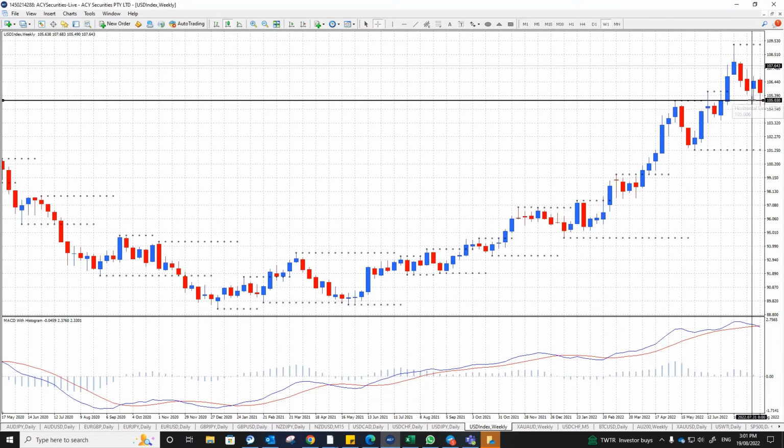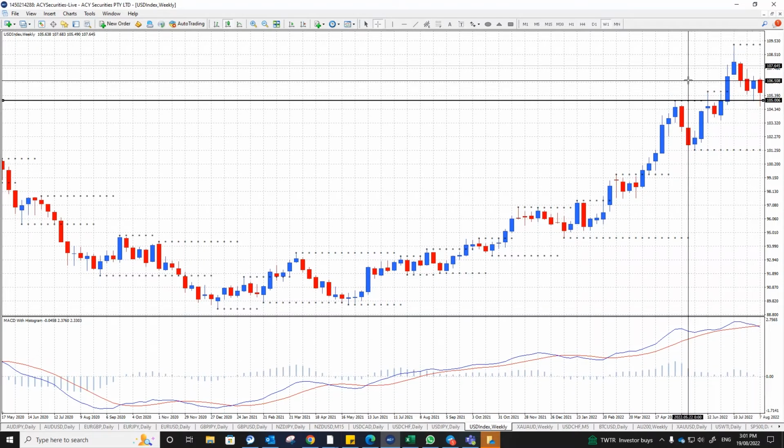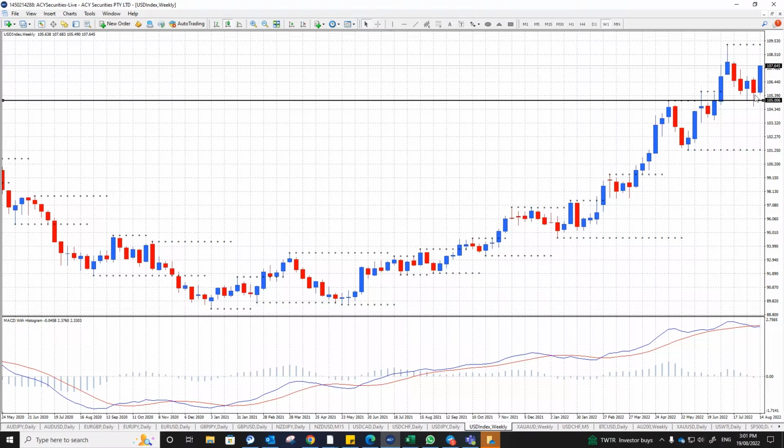It was holding. So even though we got a weakening US dollar, correcting or consolidating for about a month, we're still seeing that level hold. And this week, we've seen a big move up from that key previous level of resistance to, at this stage, still continue the strength in this US dollar.